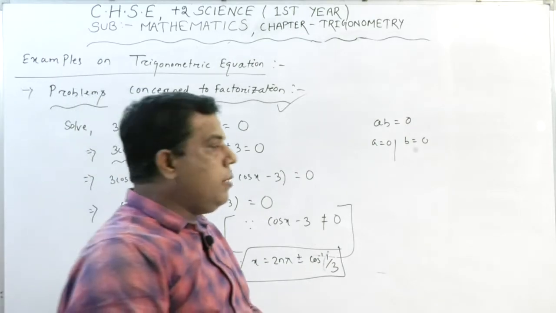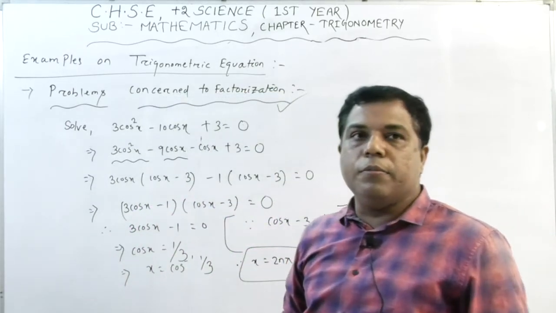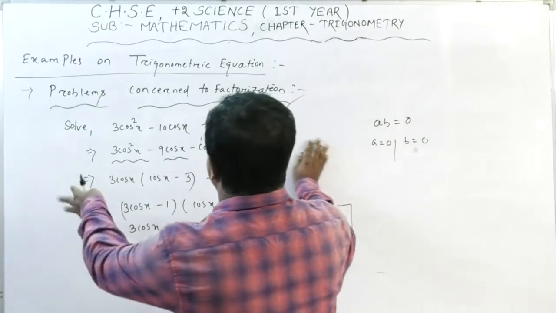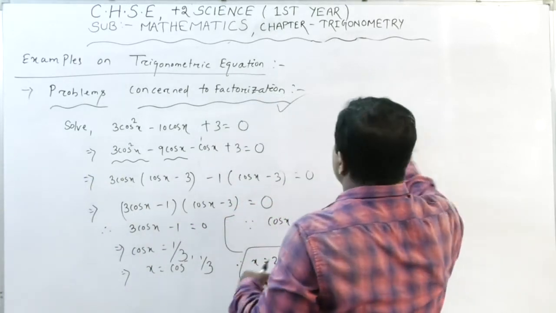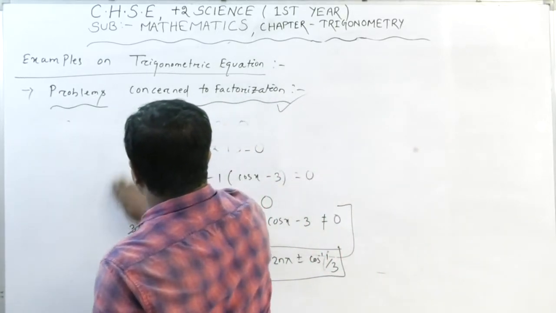Okay, now we will clean the board and we will go for some other problems of trigonometric equation. We will go for another example. Okay, first of all we will go for another example of this type of problem.